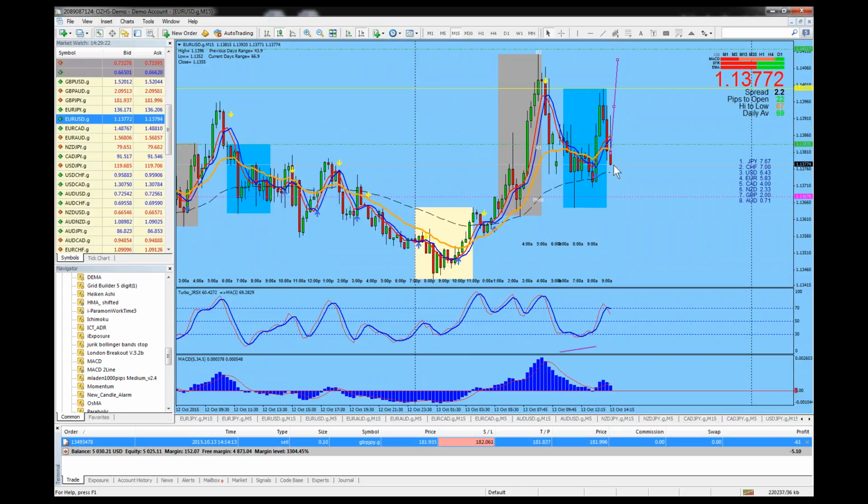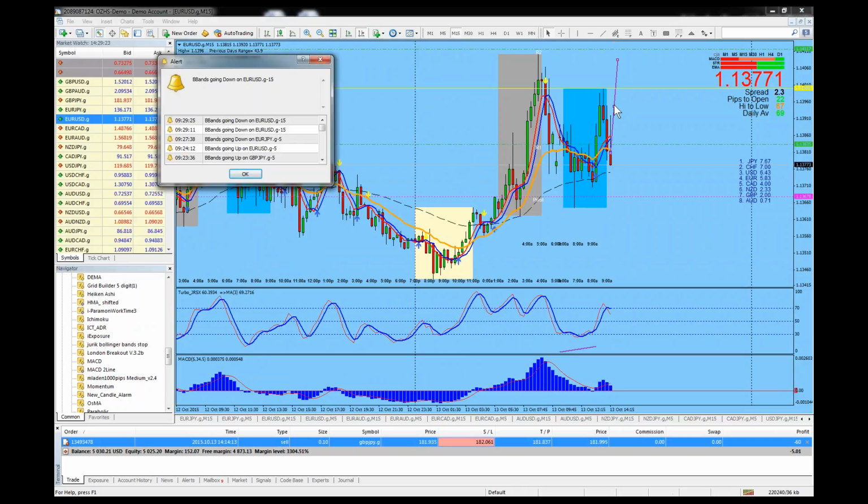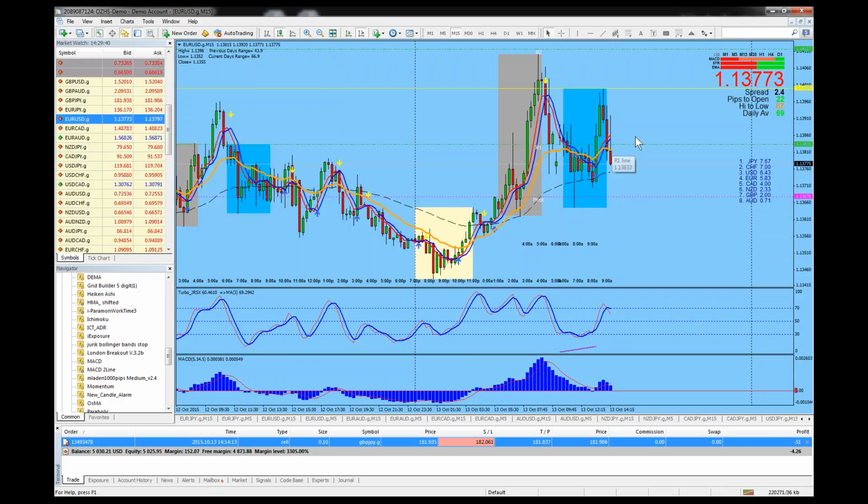Oh, so it must have popped up, yeah, it's popping up on that arrow. On this candle, it's popping up. So you'll see when it gets like one tick low enough, you'll get the yellow arrow up there. There it is. And it's gone.